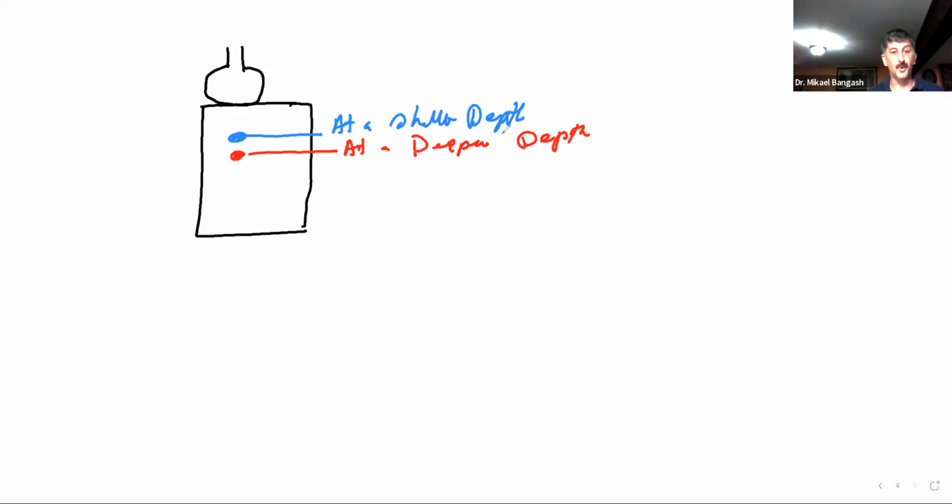Now, when you are scanning this, and your scan shows up like this, that you are actually able to distinctly see this shallow structure here and this deep structure here, if they show up distinctly, then you say, well, I'm scanning two structures, and they show up as two separate structures.